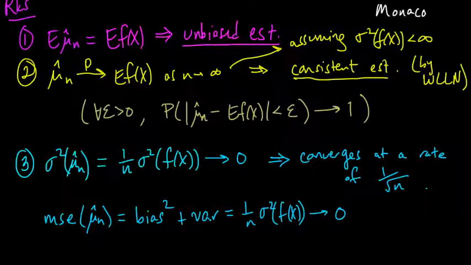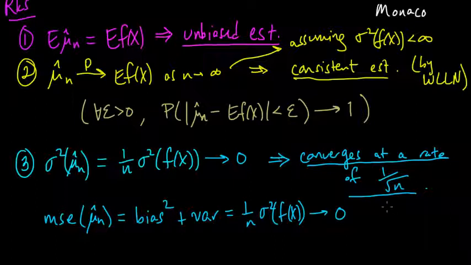So the standard deviation of the error is going to 0 at a rate of 1 over the square root of n. And this is not a super speedy rate of convergence. It's not exponential or anything, and the square root slows it down even more.